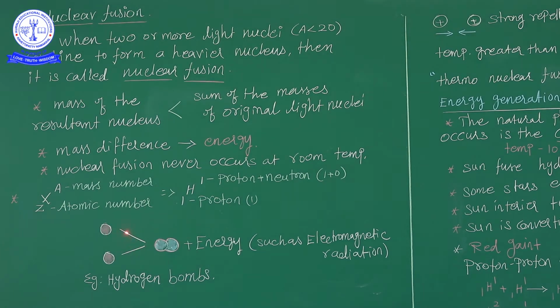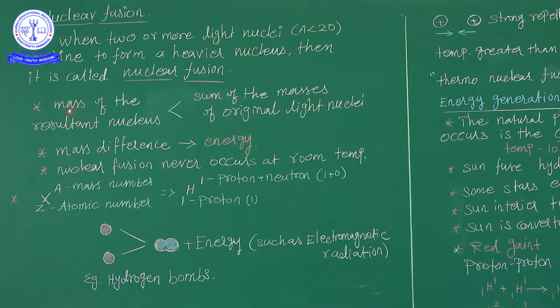See the diagram: the two protons are combined, and this is the heavier nucleus. When the nuclei combine, we get some energy, such as electromagnetic radiation.